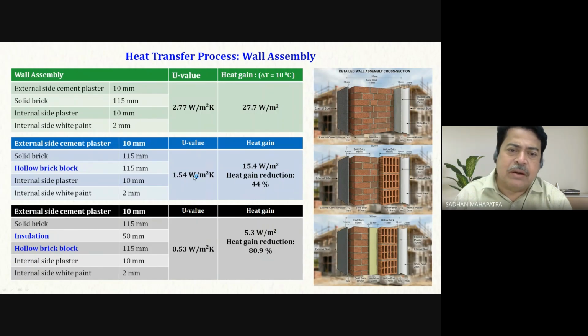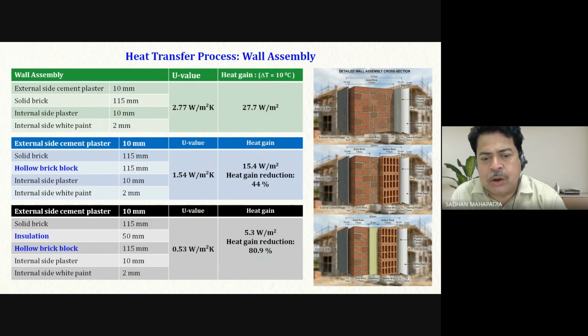What happens? The overall U value has come down to 1.54 watt per meter square Kelvin. The heat gain, considering the same delta T of 10 degrees centigrade, is 15.4 watt per meter square. If I compare these two, there is a heat gain reduction in the order of 44%.